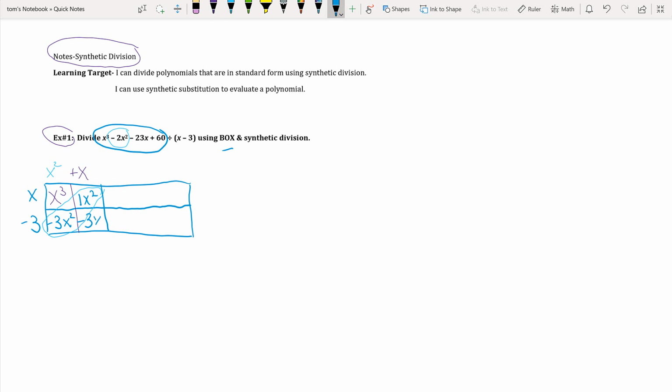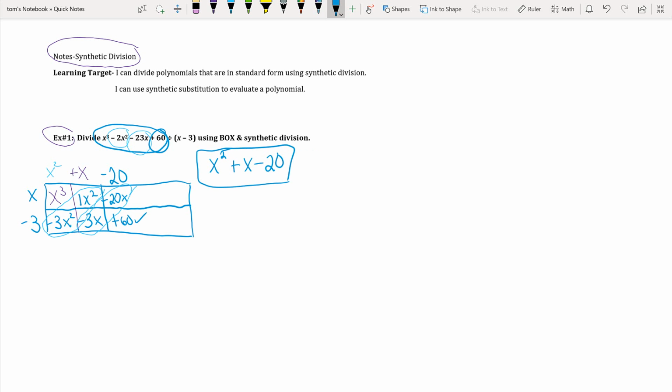That gives us negative 3x. The diagonal terms in this case have to add together to give us negative 23. So that's negative 20x. You can see we've got no remainder because we end with 60, which is the last term. So our answer, when we divide that cubic by x minus 3, is x squared plus x minus 20.